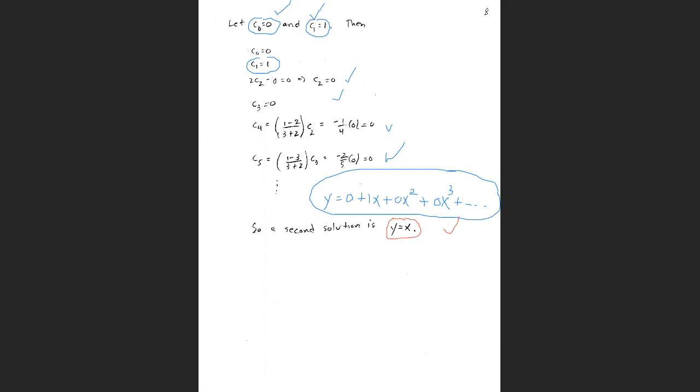You could pick anything for C sub 0 and C sub 1. In theory, you could pick anything, because you're getting a general solution. The solution's not unique until you put in an initial value, or two, I should say, your initial conditions. Let's say, Antonio, you let C sub 0 equals 2 and C sub 1 equals 3.